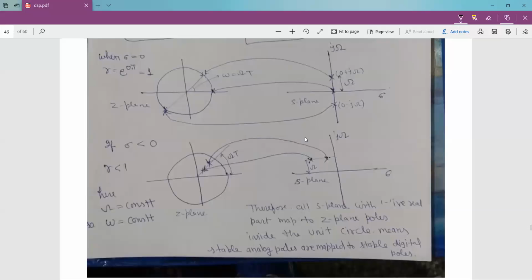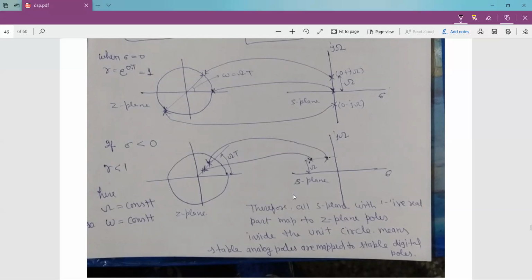Because in the case of an analog filter, stability holds when the poles lie in the left hand side of the plane, and in the case of the Z transform, stability holds when the poles lie inside the unity circle.